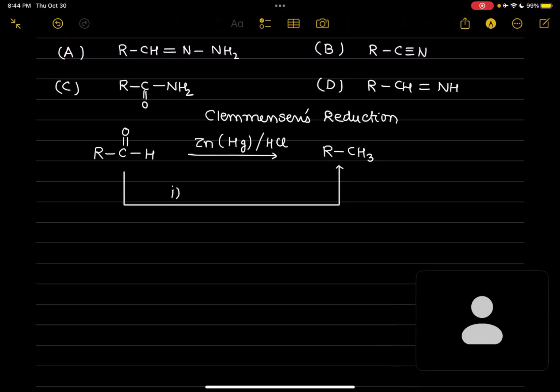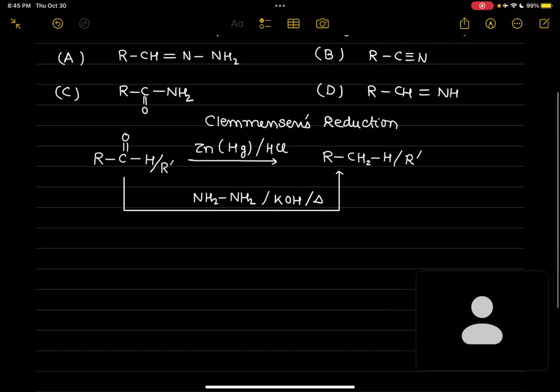We treat the aldehyde or a ketone, this could be an aldehyde if it is H, or a ketone if it is some alkyl group, with hydrazine and base. We heat it strongly around 200 degrees. So that also will change this C double bond O to CH2.